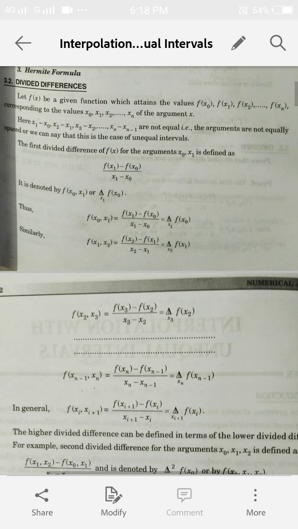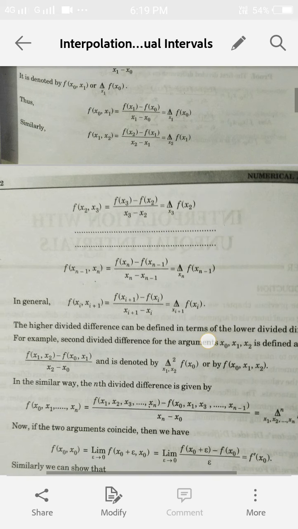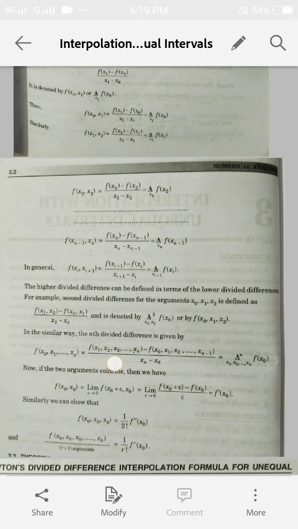Similarly, we can find the divided difference of x1 and x2. That will be equal to f(x2) minus f(x1) upon x2 minus x1. Continuing like this, f(x(n-1), xn) will be equal to f(xn) minus f(x(n-1)) upon xn minus x(n-1).